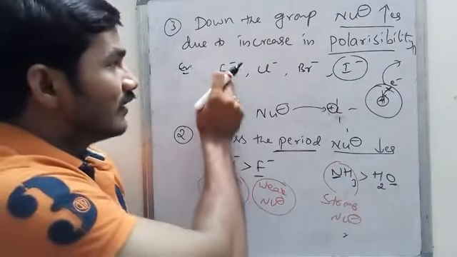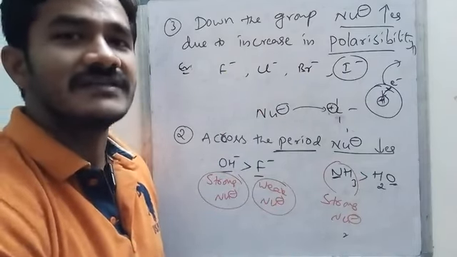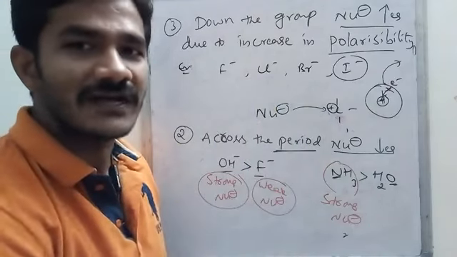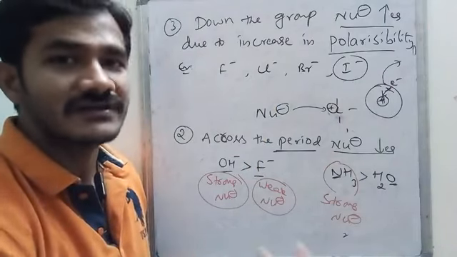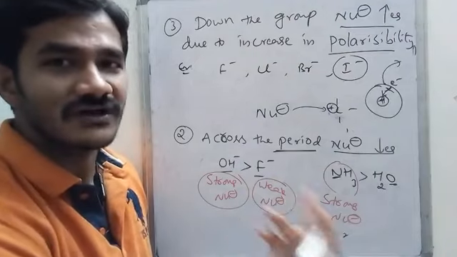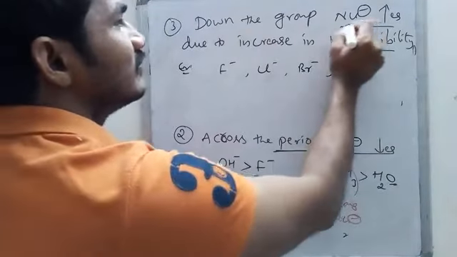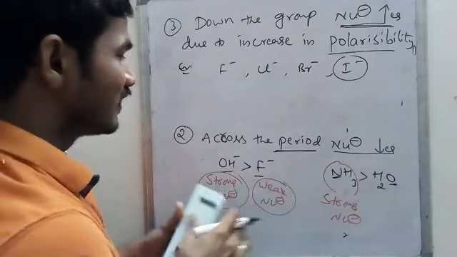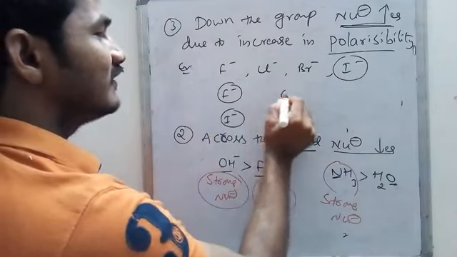Down the group, as atomic size increases, the atom can be easily distorted by other species, like a carbocation or an electrophilic carbon. Whenever they are distorted easily, they are polarized easily, and they can easily act as strong nucleophiles. So remember, down the group nucleophilicity increases because atomic size increases and they can easily form the bond. For example, if I take F minus and I minus, here we have an electrophilic carbon.